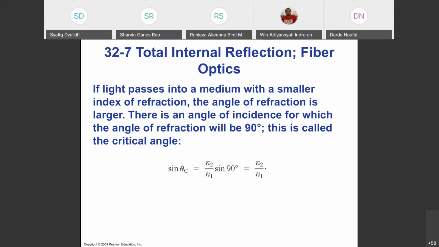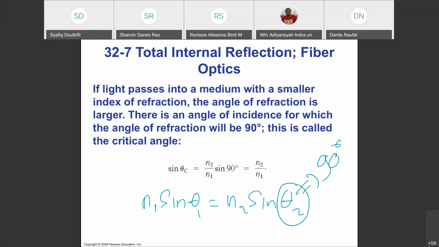Just now the original formula of Snell's law is n1 sine theta 1 equals n2 sine theta 2, for example. So if the refraction angle is 90 degrees, sine 90 is 1, right?